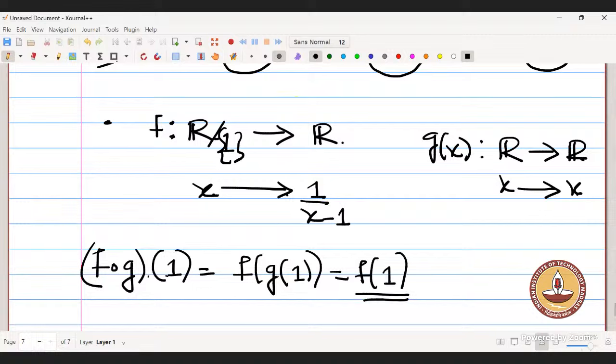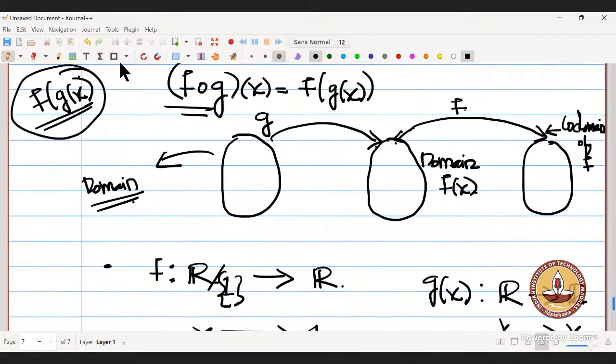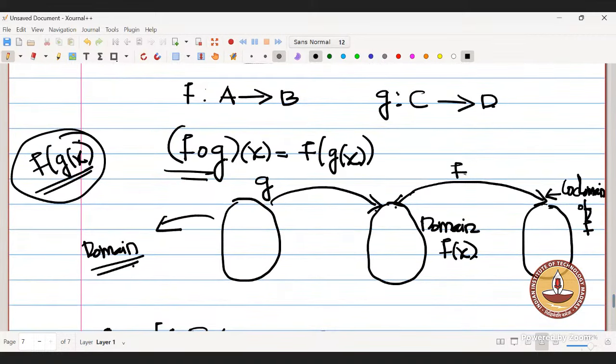So now I'm in trouble, because I'm getting 1 here, and 1 is not inside this domain. Certainly we can avoid this situation, but you have to always make sure that whatever g you are considering, the value of g should always be inside the domain of this function.